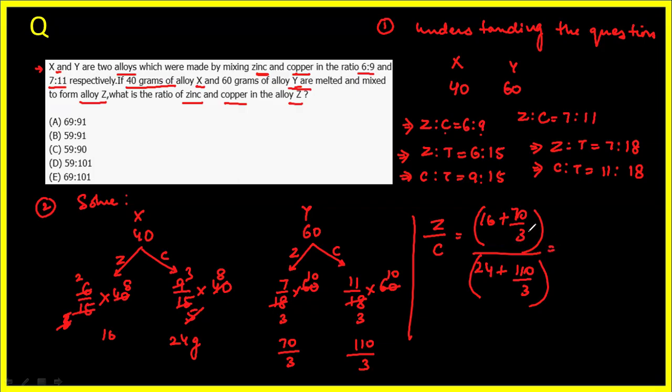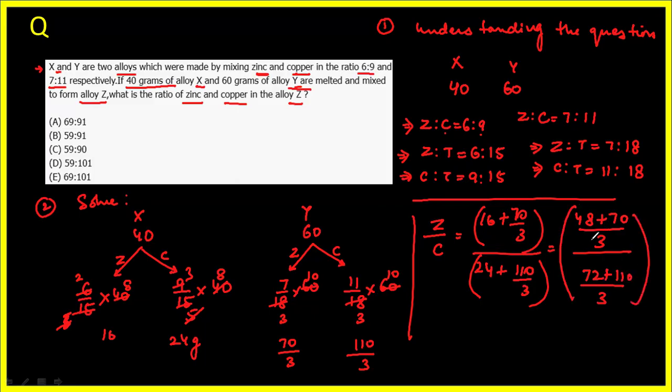Now let's simplify this, and that's our answer, which we are closer to. The denominator, that is LCM, is 3. 16 threes are 48 plus 70, over, again LCM is 3, 72 plus 110. The 3 gets cancelled out.